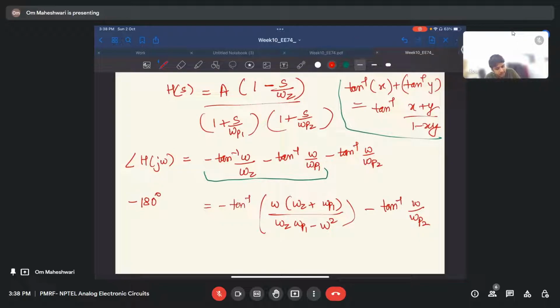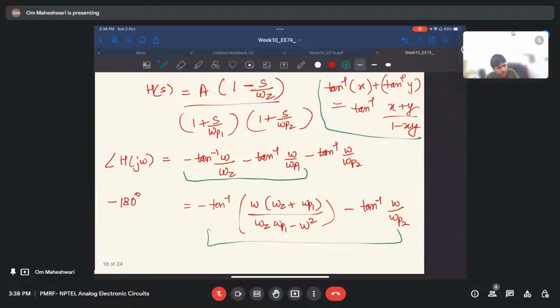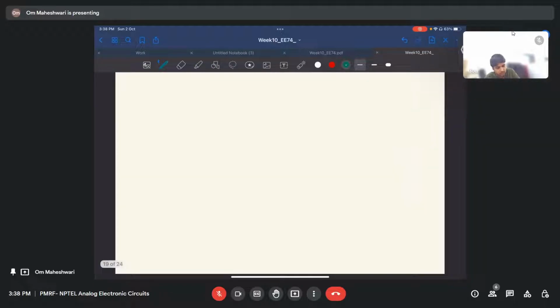Now if I apply it at these two, I will get this minus tan inverse minus 180 equals minus tan inverse.